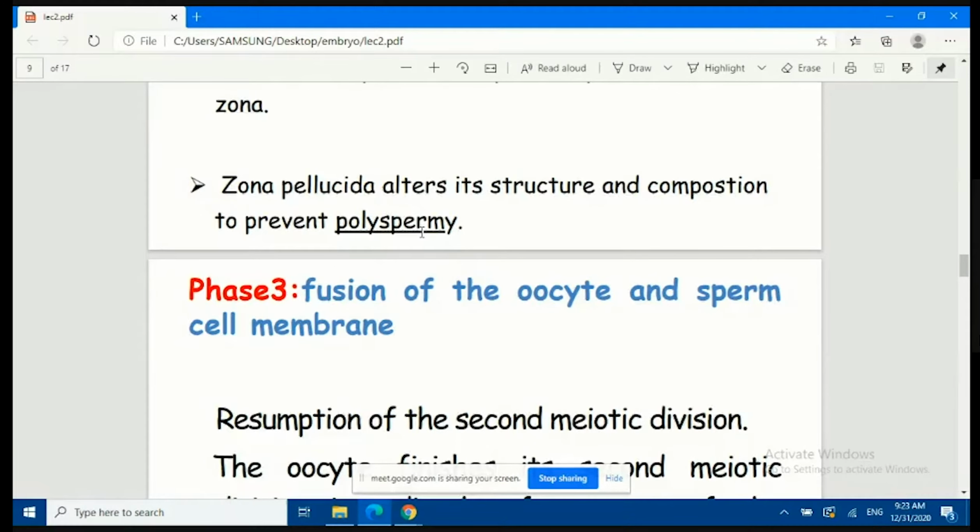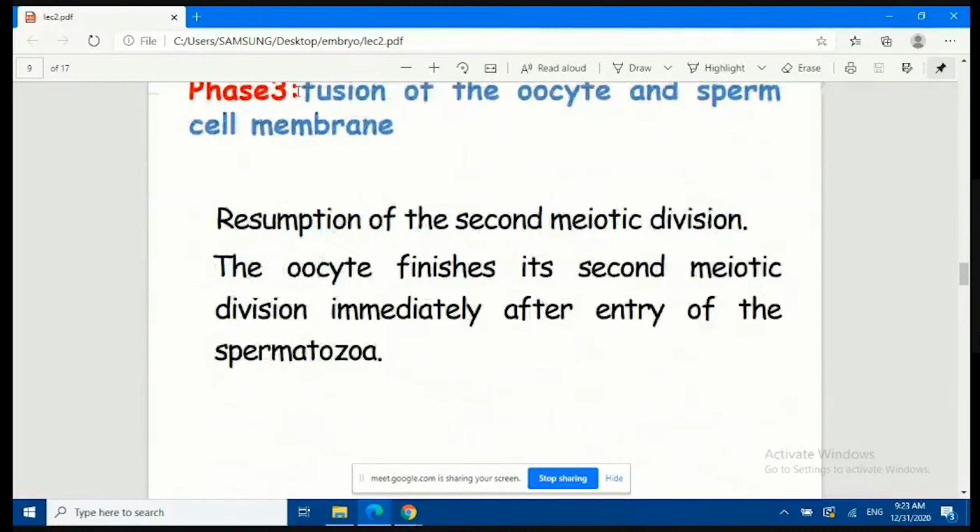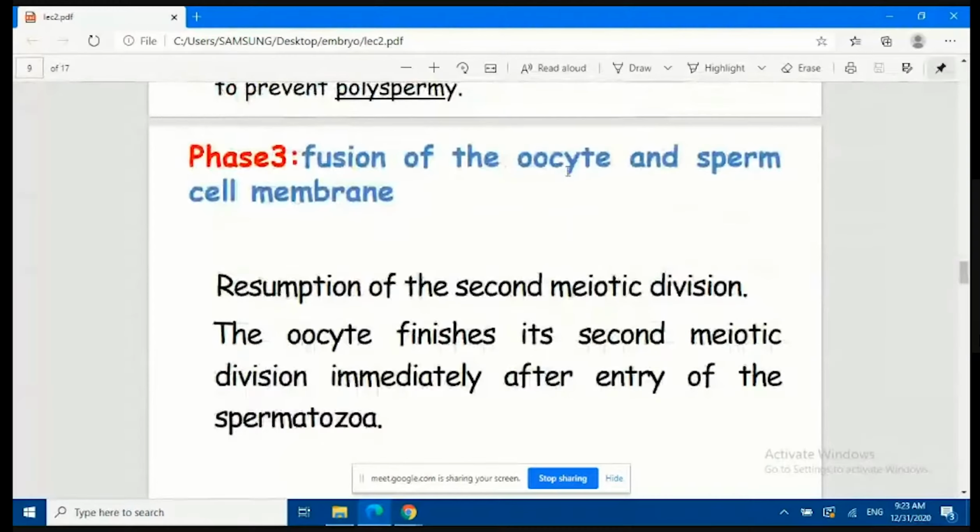Okay? Then the third phase is the fusion of the oocyte and the sperm cell membrane.